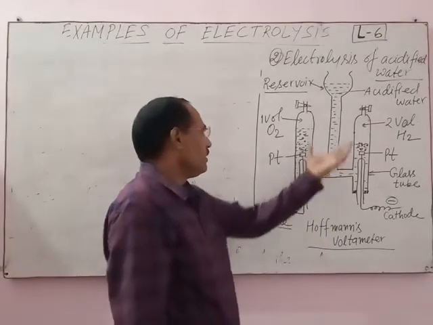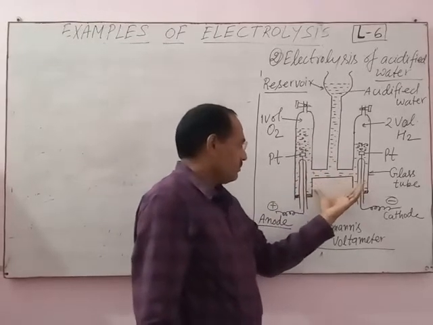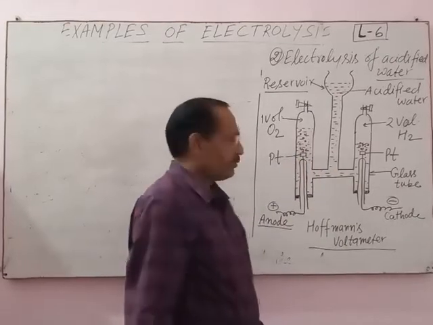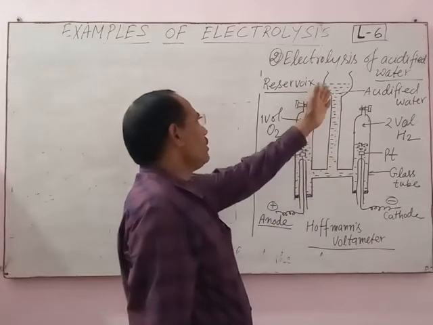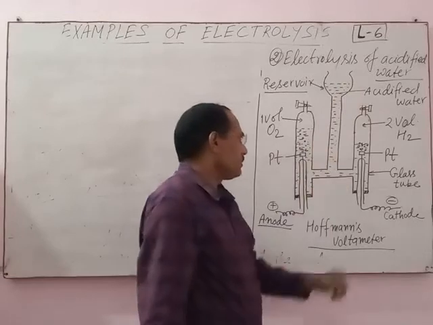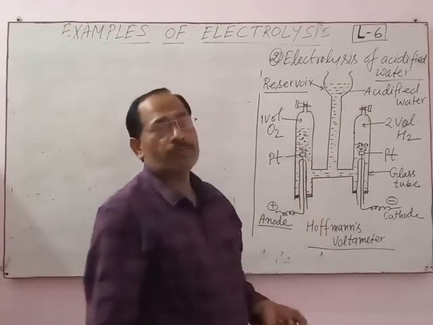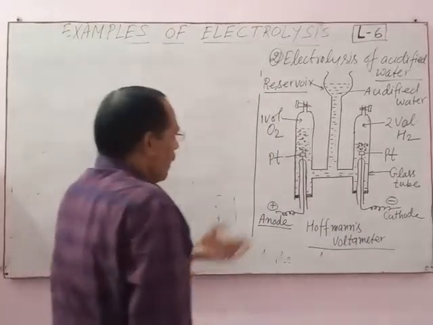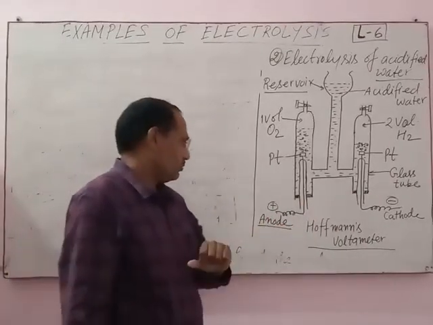Hofmann's voltameter consists of two parallel tubes which are connected together through a reservoir. Through the reservoir, acidified water is filled in this apparatus, and the electrode used is also an inert electrode, which is platinum. Platinum cathode and platinum anode are used as electrodes.